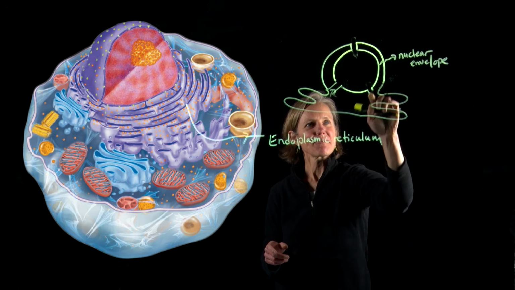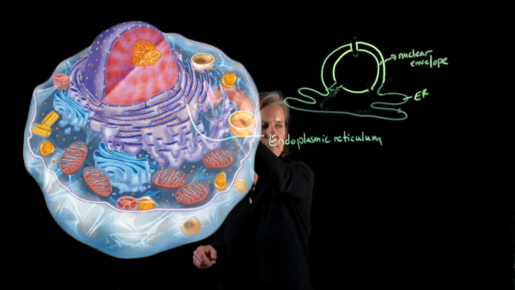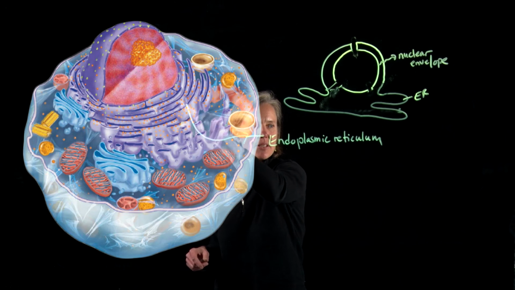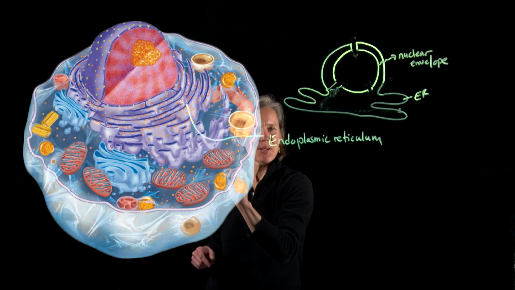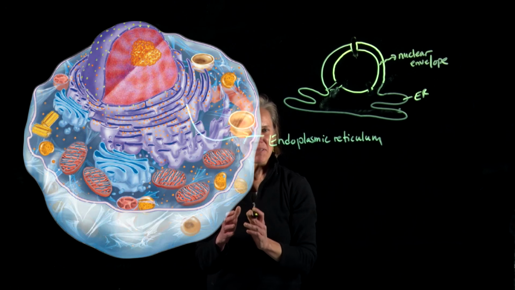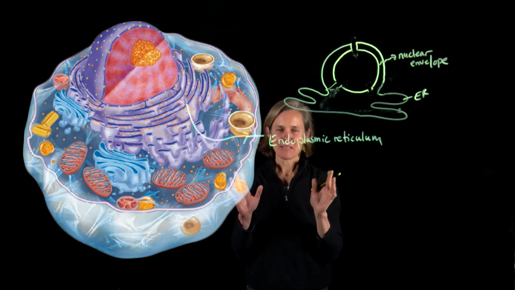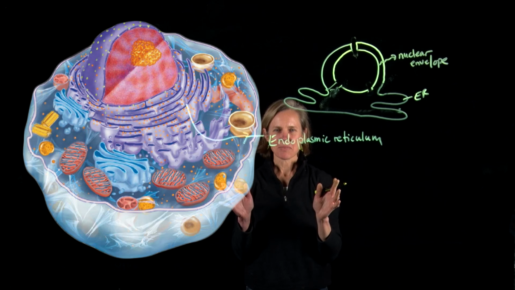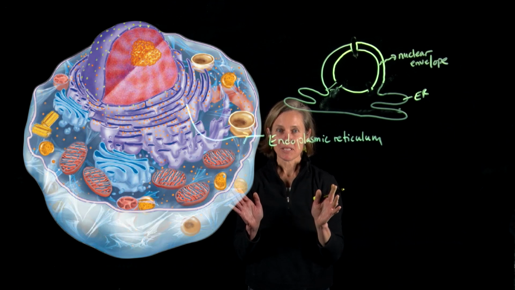There are two types of endoplasmic reticulum. There's rough endoplasmic reticulum and smooth endoplasmic reticulum. You can see in the diagram that closer to the nucleus, this region of the ER here, is studded with these yellow balls, and those are ribosomes. So the rough ER is rough because it has these ribosomes associated with the surface of the membrane.